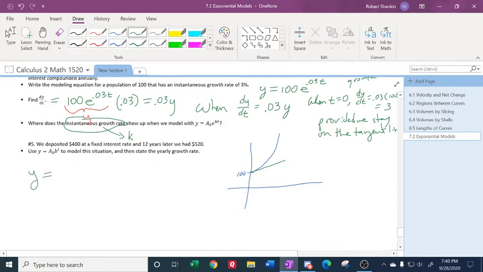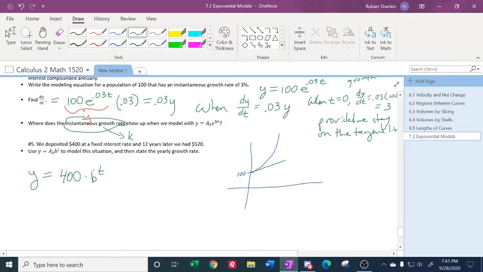Well, the initial deposit is going to be a0, 400, at a fixed interest rate, and b to the t.